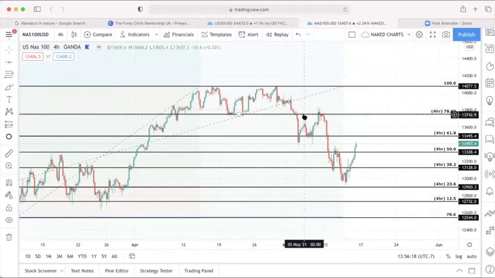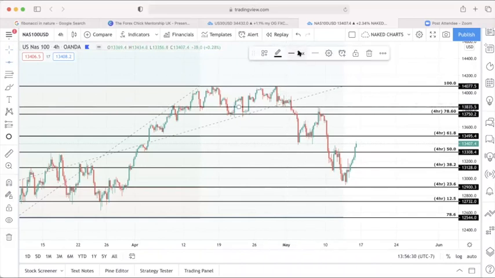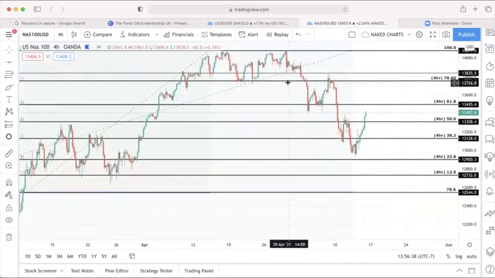So basically when price broke right here, we made a lower low. I'm going to mark this up with a really thin line because that's where price broke, and that's where I'm going to start my fib for the downtrend. Okay. All right, guys.